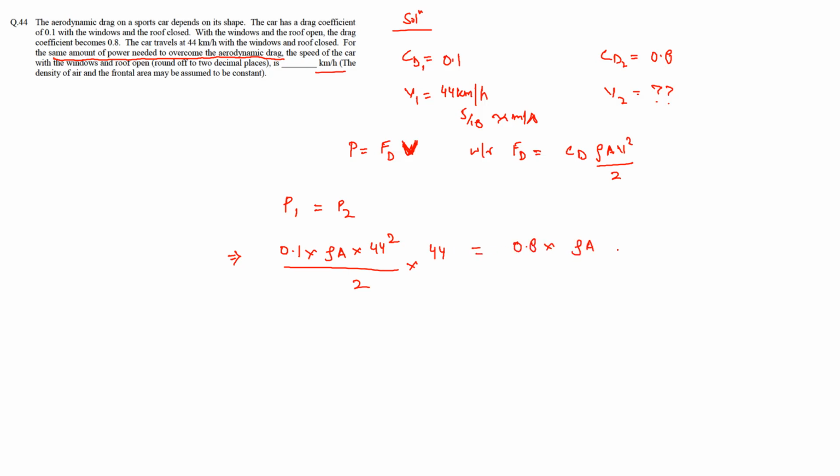Now rho times A will not change, because the density and the frontal area are the same. That makes our life very easy. And this will be V2 cube, which is what we need to find, and this will be over 2 again. So the 2s you can cancel immediately. Now this becomes 44 cube over 8 cube. You can remove the decimals from here and here, and this is equal to V2 cube. See how nicely this is in a cubic form.